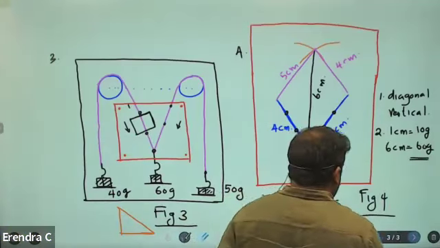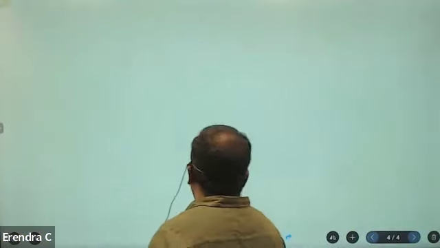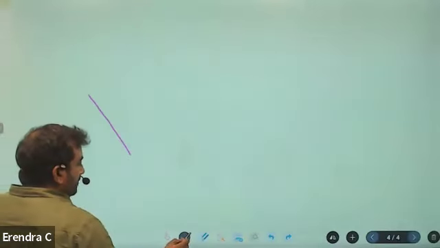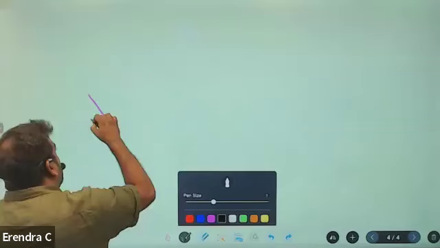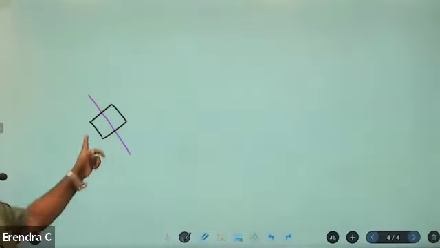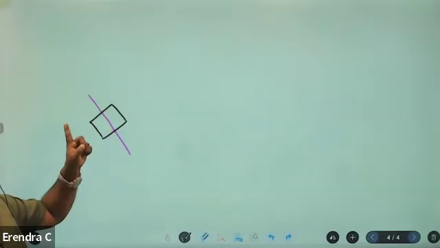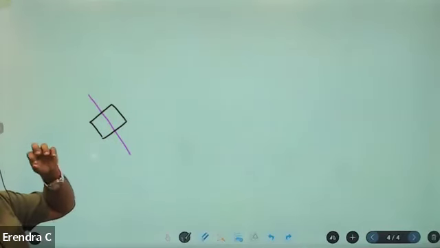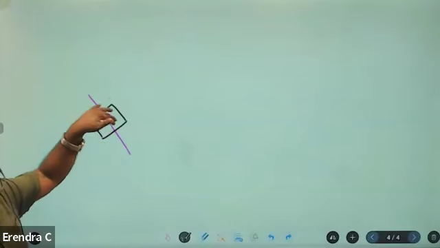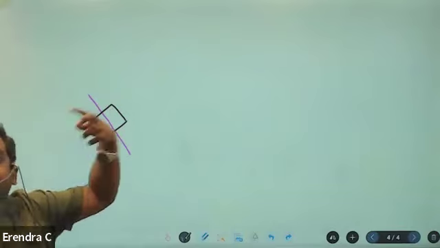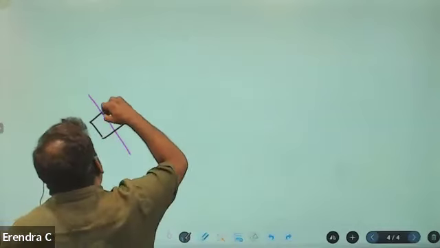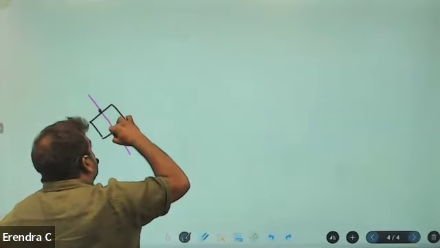If I draw it separately here, look at the board below. Here you have the string. You put the mirror underneath it. Tell me, how many strings can you see here? One. But how many are there including the image? Two. You have the string and the image in the mirror, both.